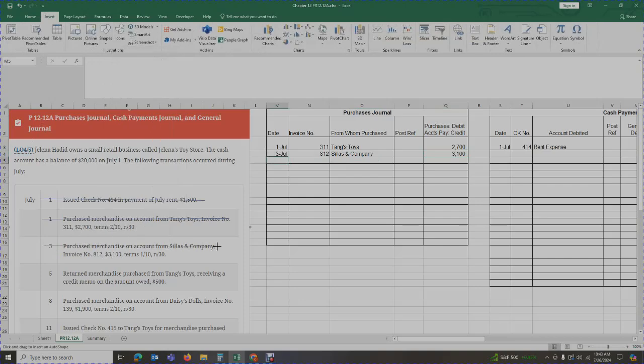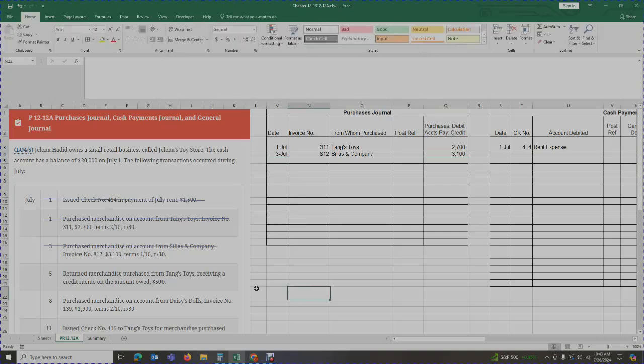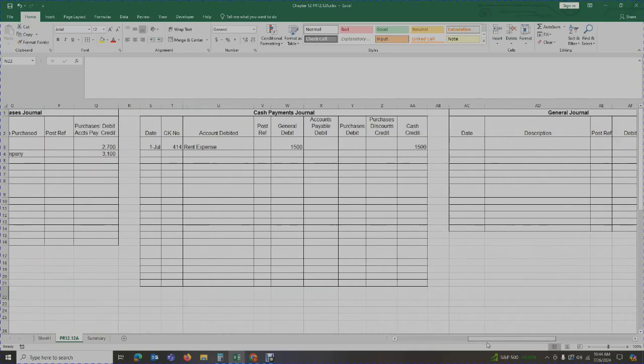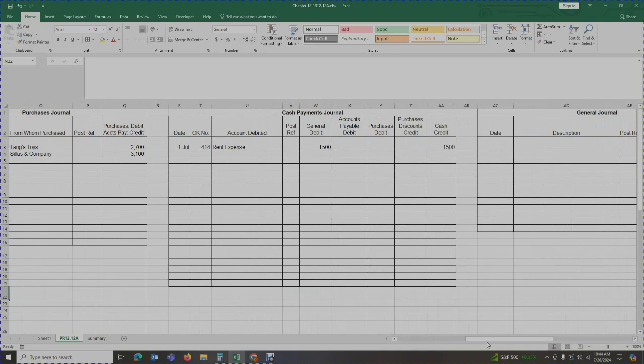And make sure that you go in date order. Okay. On the 5th, we return merchandise purchased from Tang's Toys, receiving a credit memo on the amount owed. Now, on the purchases journal, the only thing you record are purchases on account. That is it, purchases. Not returns, just purchases. On my cash payments, we record any payments made with cash.